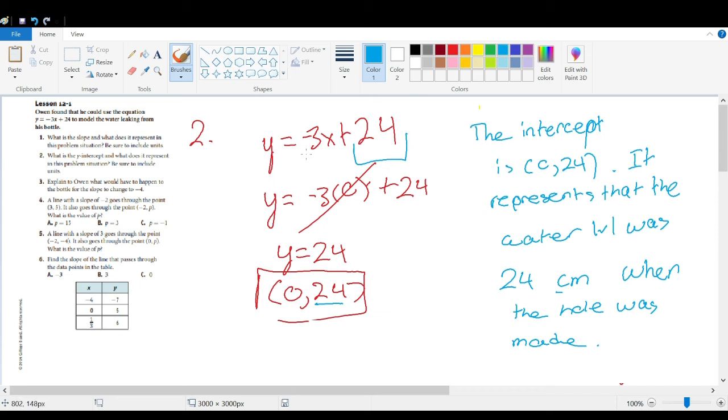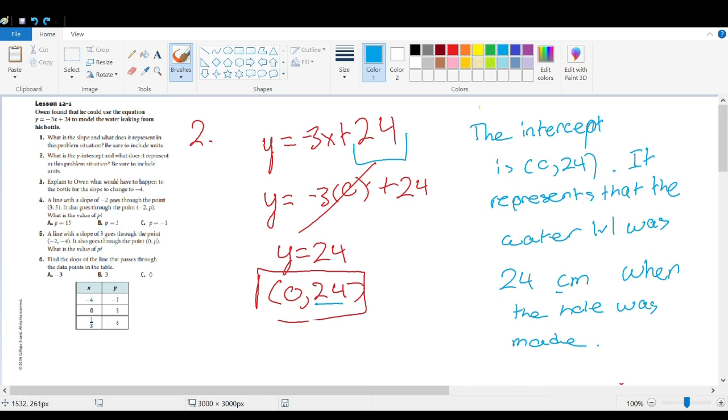So you have this -3x bit, so you have x and its coefficient, and then you have something added to that. That something added is always going to be the y-coordinate of the y-intercept. I'll repeat that. It will always be the y-coordinate of the y-intercept, and that's the constant.